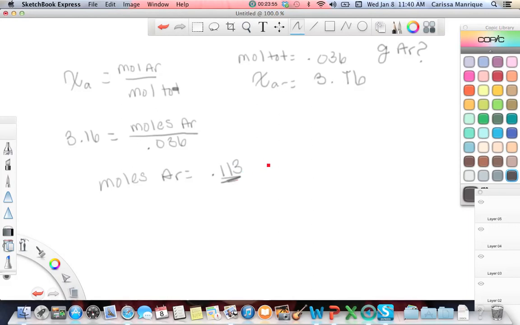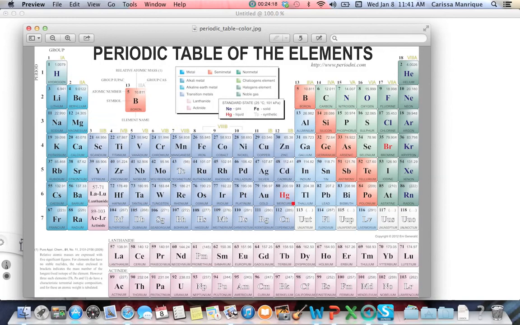Okay? So I'm almost done. I know you're like, oh my goodness, there's another step. Well, yes, because I need to convert moles to grams. But I'm almost there. So I have moles. I want to cancel out moles and get to grams just using the molecular weight. So I look here, what is the molecular weight of argon?